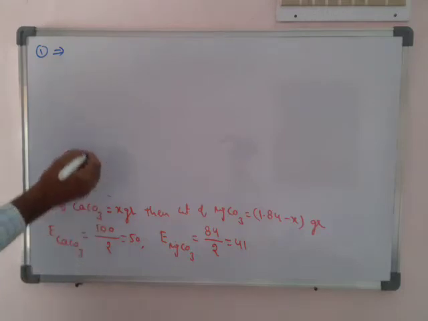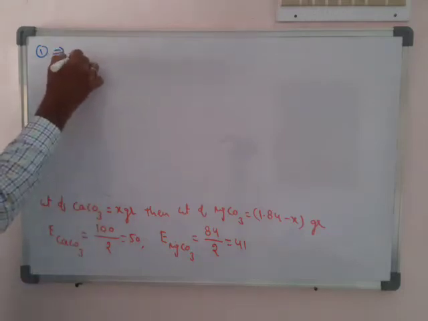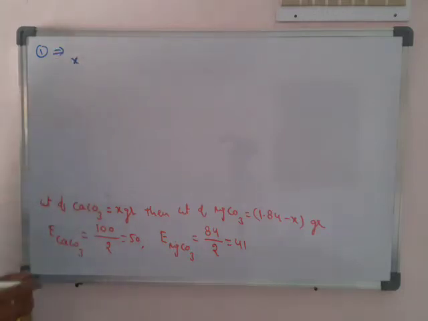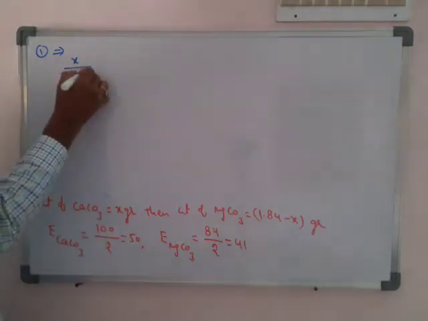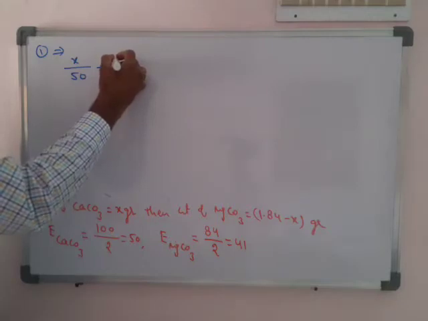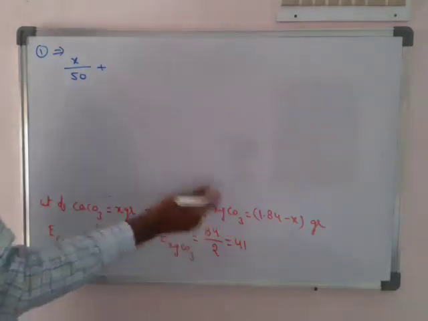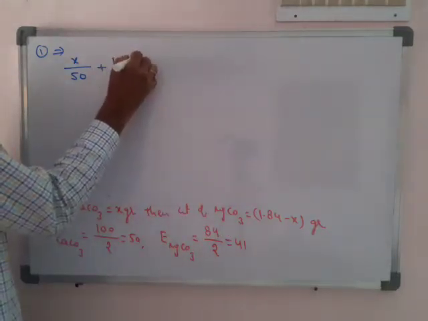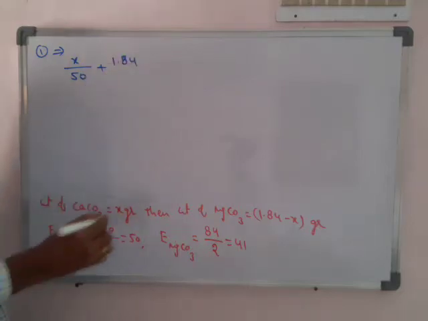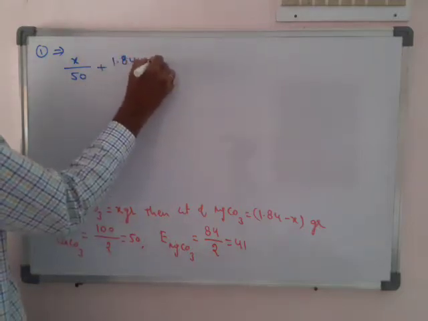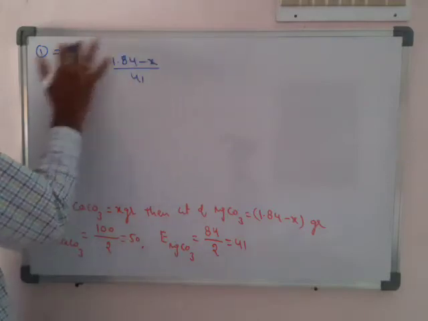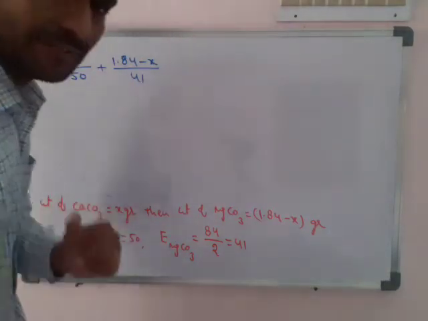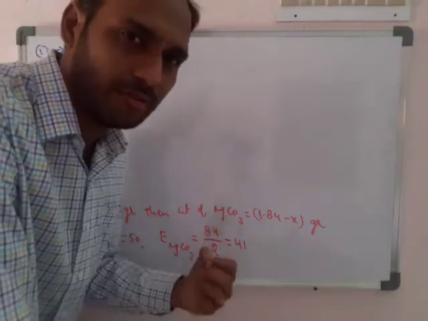So substitute in equation 1. So what is the equivalent weight? It's weight by equivalent weight of CaCO3, 50, plus weight of this one, 1.84 minus x, by what is the equivalent weight? It's 41. This is the total equation. Just see equation 1.